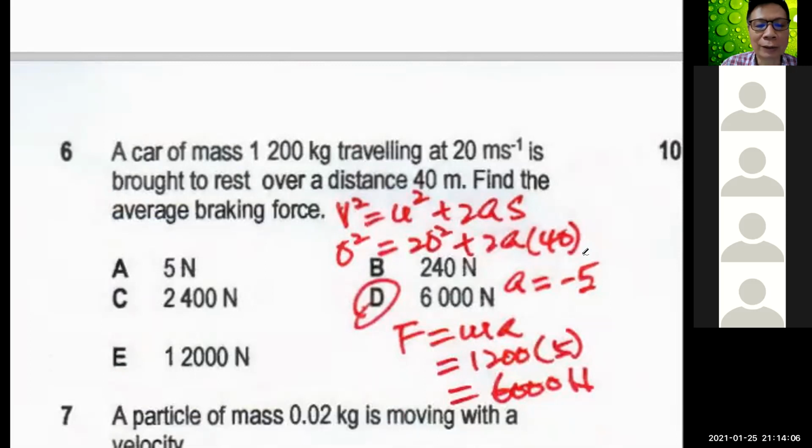Once you know the acceleration already, to find the braking force, you use F equals ma. m times a. Don't need to take negative, just put 5. So 6,000. So the force applied by the brake to stop the car is 6,000 Newton.